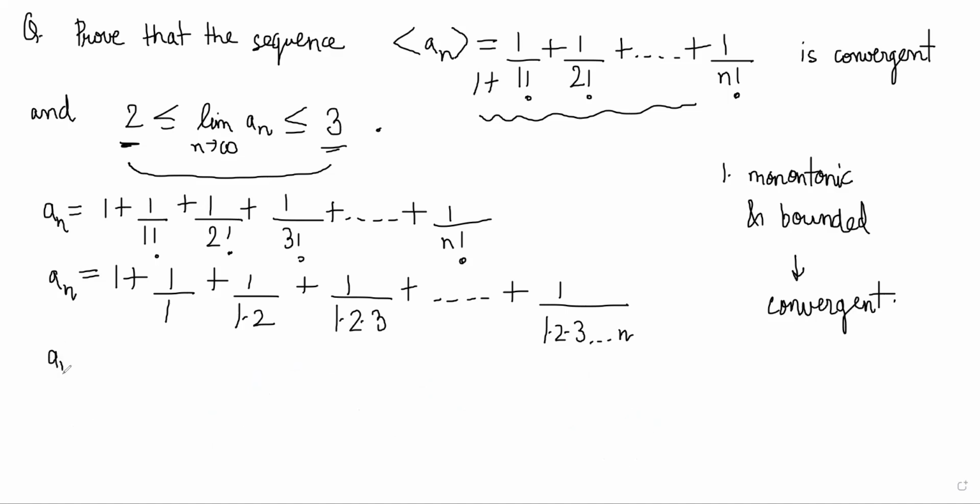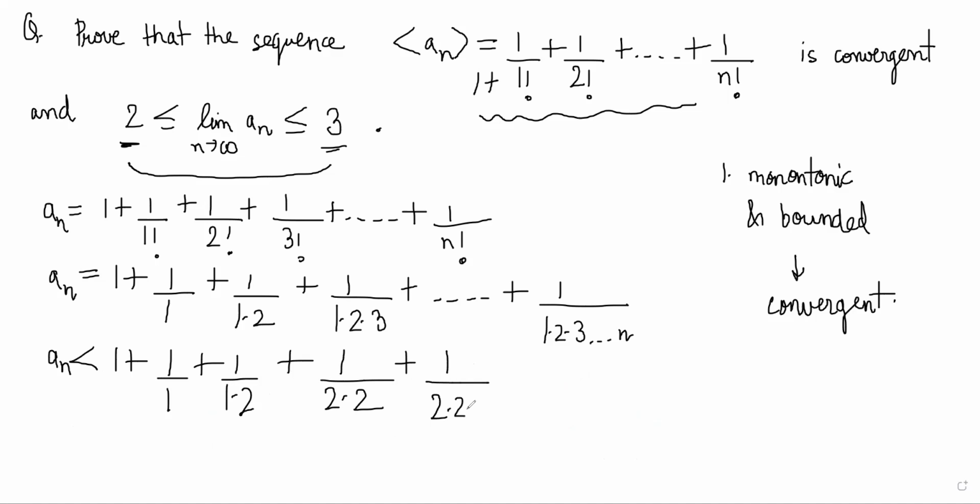We say an is less than 1 plus 1/1 plus 1/(1×2) plus 1/(2×2) plus 1/(2×2×2). Here it would have been 1/(1×2×3×4). So now it is a less than thing.